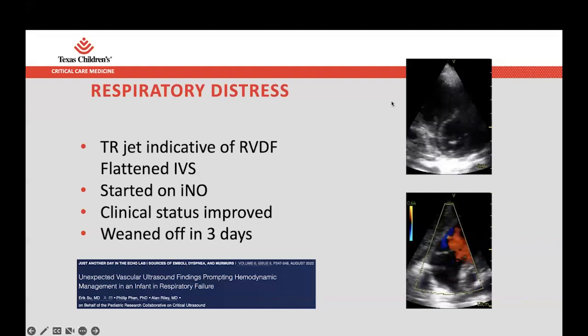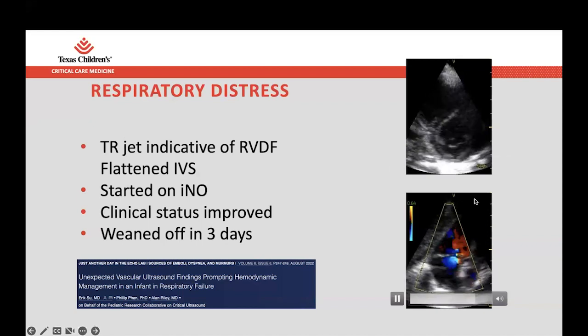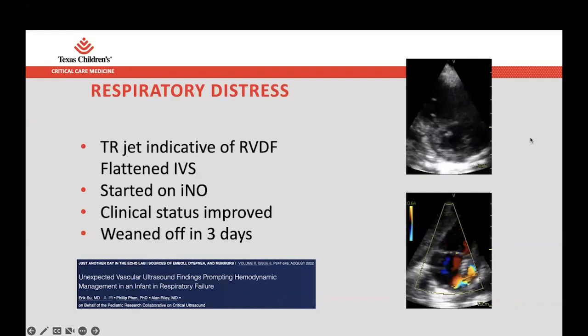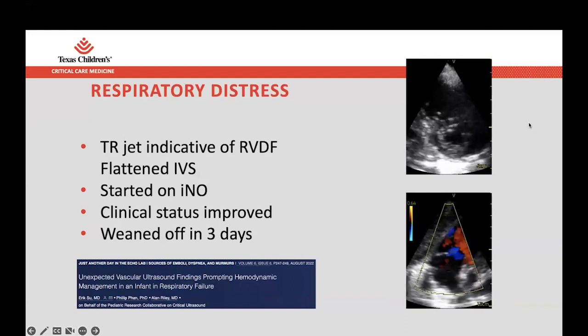And then when we looked on short axis view, of course, we have flattening of the septum here in the view on the top. The reason that we have bulging of the septum into the LV in diastole, as the chambers are supposed to fill, is that you regurgitate that blood back up into the RA, and then it comes right back down at you.